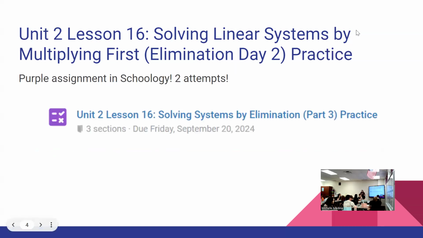You do have a practice for lesson 16, which is what you're doing today, and you should have a decent amount of time to work on it. And I know yesterday you didn't have any time to do your lesson 15 practices. There's actually 2, both pretty short, but work hard today in the lesson, try to understand.